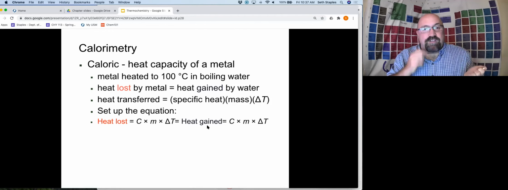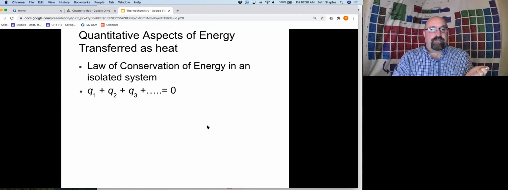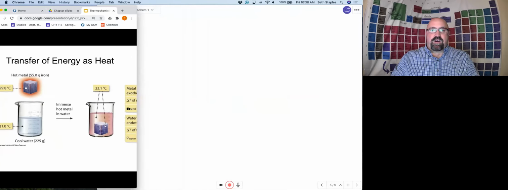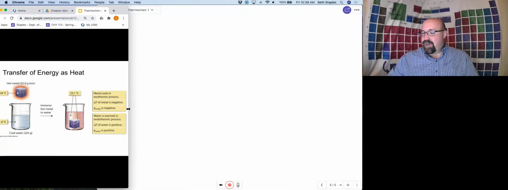That's what the law of conservation of energy is telling us. When we look at these two different processes, our energy lost by the metal as it cools down, and our energy gained by the water as it heats up, those two energies have to be equal. Let's just use my keen art skills to look at that.